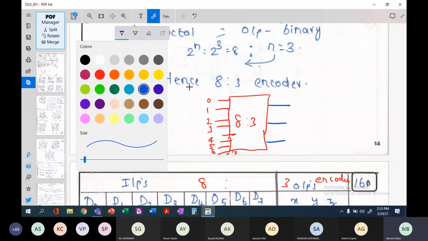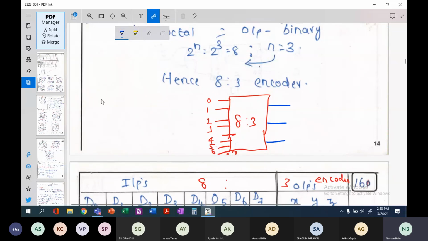Now, what is the function? If I want to convert from octal to binary, say for example, what is the octal number of 6? The octal number of 6 is going to be 1, 1, 0. Am I right?